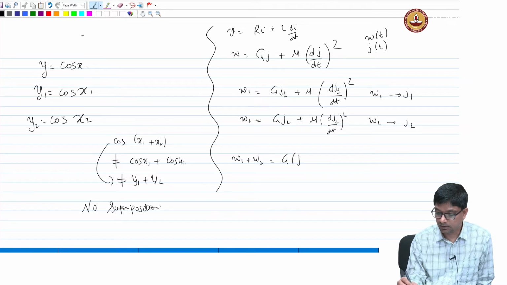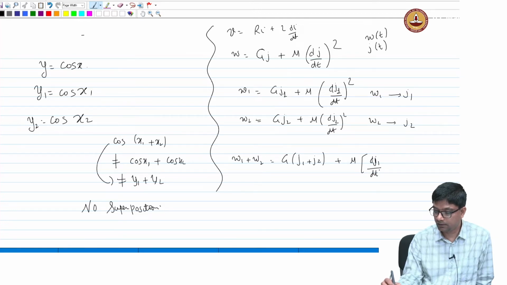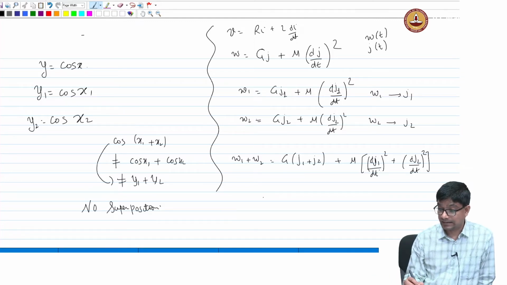If I do W1 plus W2, this is G J1 plus G J2, this is fine, plus M times (dJ1 by dt) whole square plus (dJ2 by dt) square. What I would expect is that W1 plus W2 should produce an output current J1 plus J2.